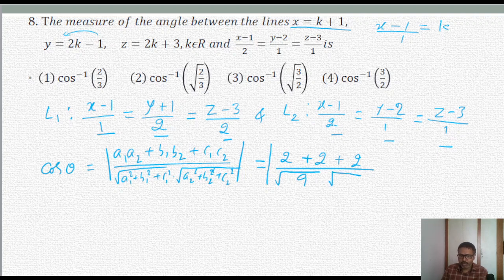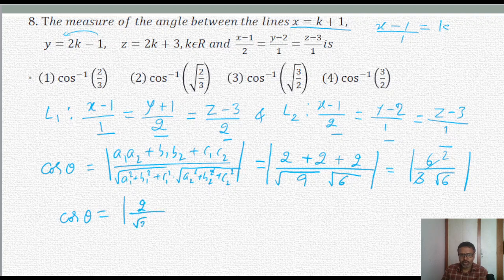And from the second line, 2 square is 4, 1 square is 1, 1 square is 1, 1 plus 4, it is 6. So we will get 6 divided by 3 into root 6, then cos theta can be written as 2 divided by root 6.